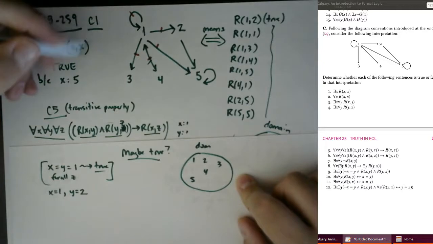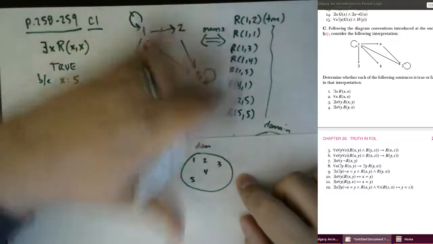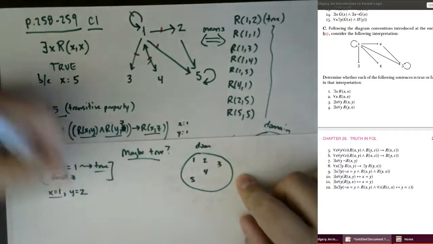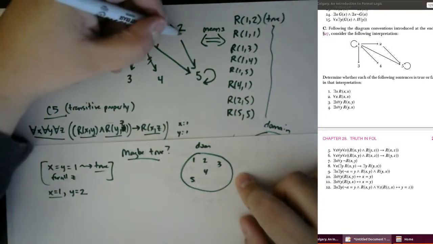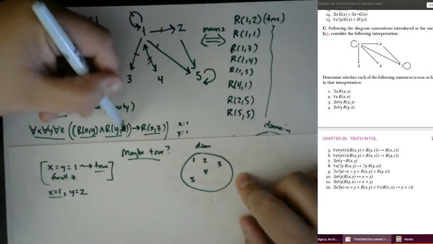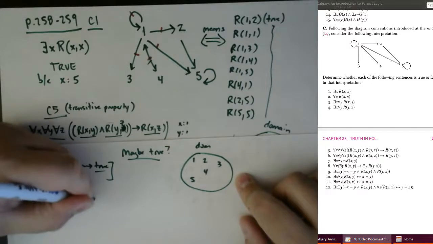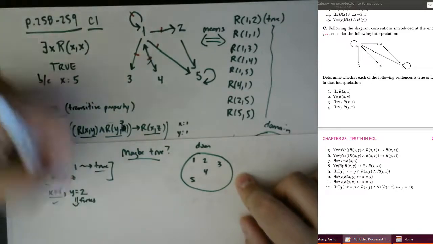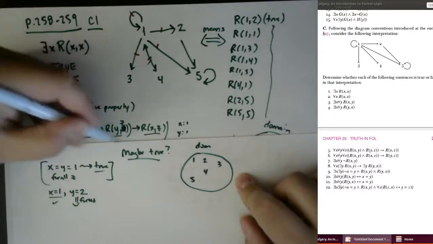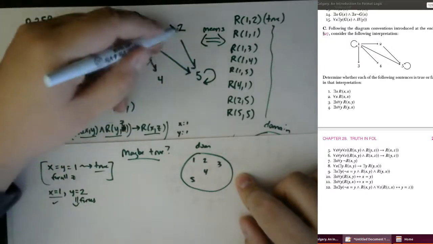But what if X was 1 and Y was 2? Well, X is 1 is basically always true in this relation, so that's no problem. But if Y is 2, then the only thing that could make this true, in order to make this and a true thing, it has to be the thing that 2 maps to, that points to.